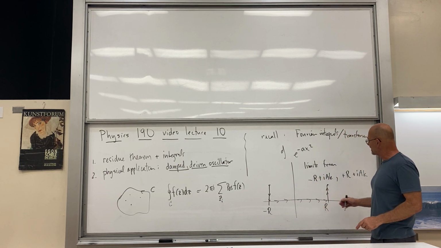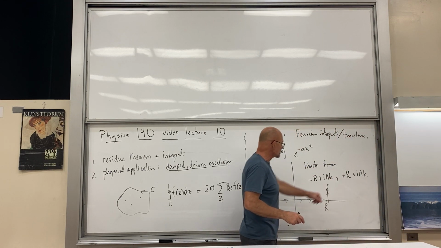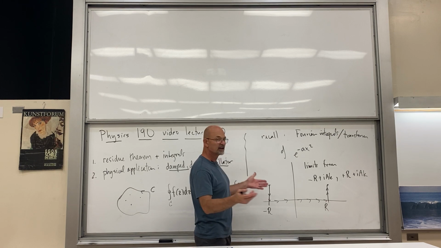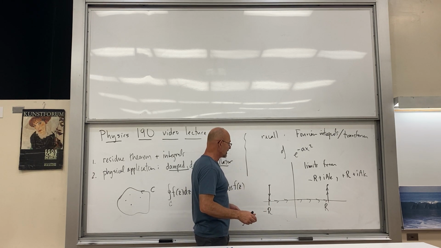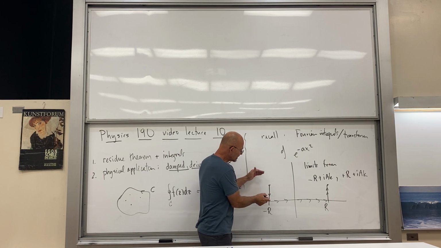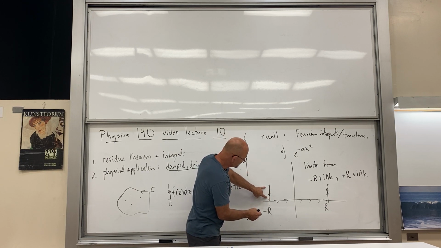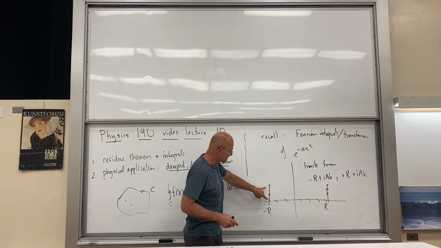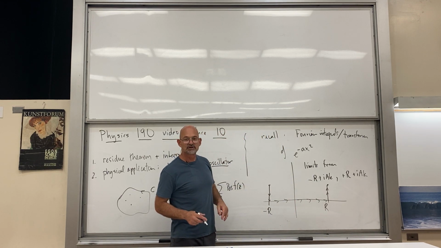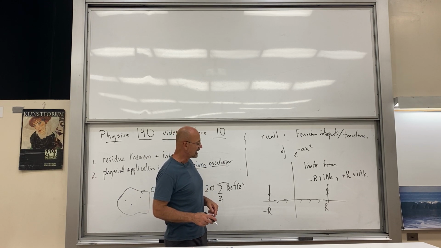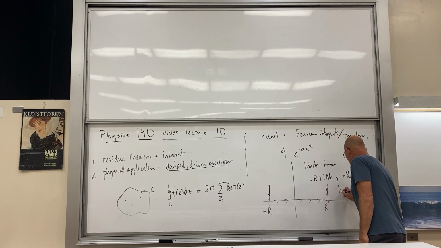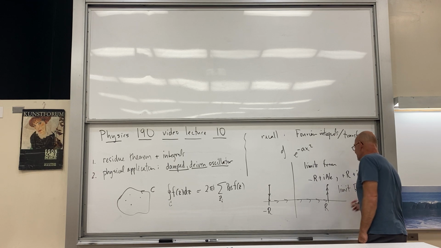If you take any value of k, you would then just be able to find an R that's much bigger than that k, and this integral would have contributions at the ends, these branches we'll call them, that would be negligible and would vanish in the limit as R goes to infinity.